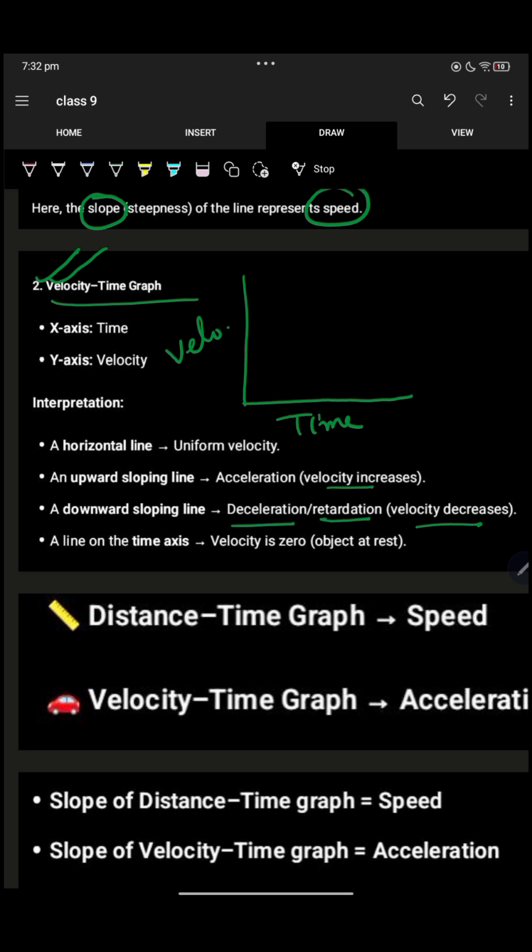Retardation means negative acceleration. That means acceleration is negative to the direction of the velocity. That is what we say. And a line on the time axis means velocity is 0. Yes, the object is at rest. So these are the four interpretations from a velocity time graph.